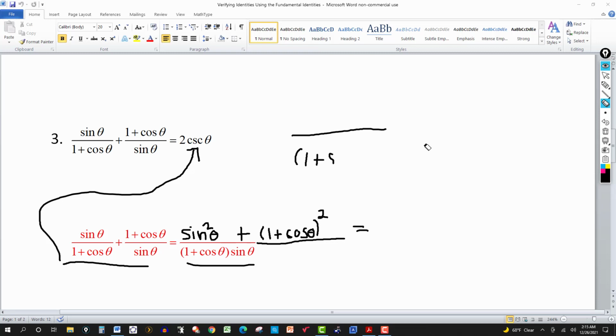In some cases, you might want to multiply it out, but we know we got to get just this one term, cosecant theta times 2. So we know something has to cancel out, so we might as well leave it as a factor. So this will be cosine theta times sine theta.